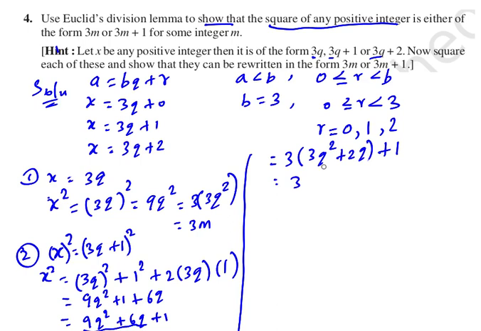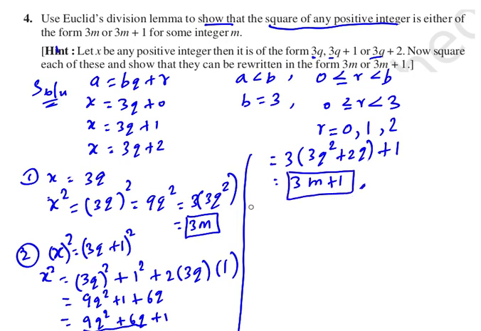If we consider 3q square plus 2q as m, then 3m plus 1. So x square, (3q plus 1) the whole square, can be written in the form of 3m plus 1.